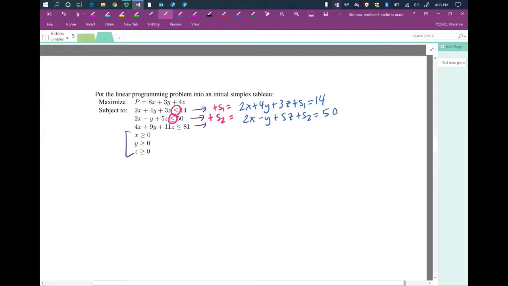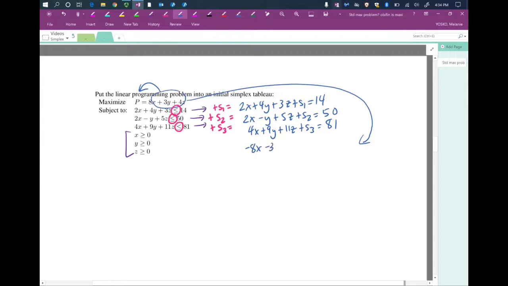And this guy down here, this inequality, turns into plus s3 equals. So we have 4x plus 9y plus 11z plus s3 equals 81. And remember, the objective function goes at the bottom. Move all of the variables on the same side as p. So negative 8x minus 3y minus 4z plus p equals 0.